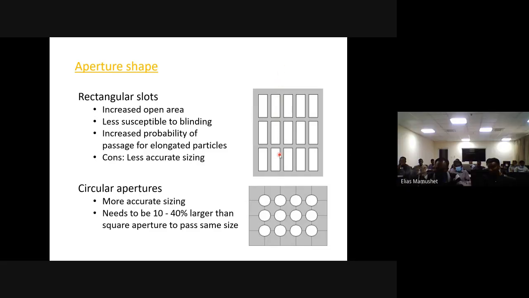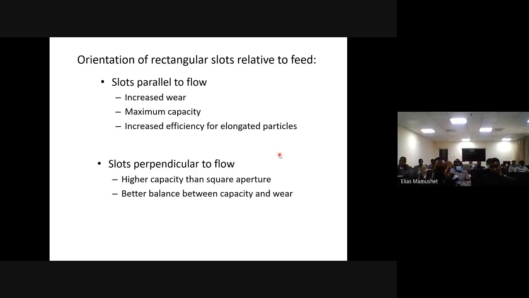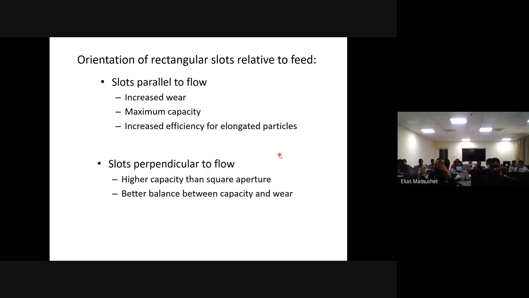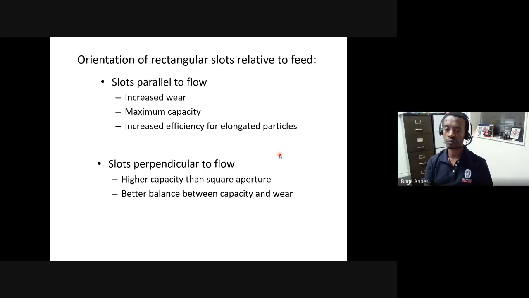These are some of the minor things you can do to adjust for increased capacity. If I want some balance between efficiency and capacity, rectangular openings or slots can be made perpendicular to the screening direction to maximize efficiency as well.